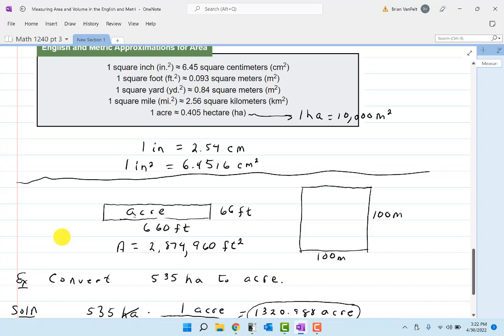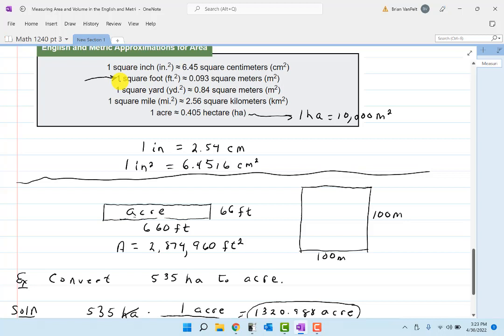It doesn't look like I have a direct connection between square feet and square centimeters. I've got square feet to square meters, so I've got this one. But then I could do square meters to square centimeters. So that wouldn't be too bad.